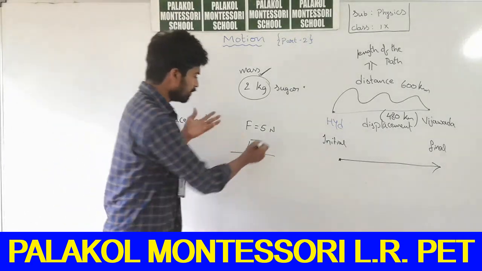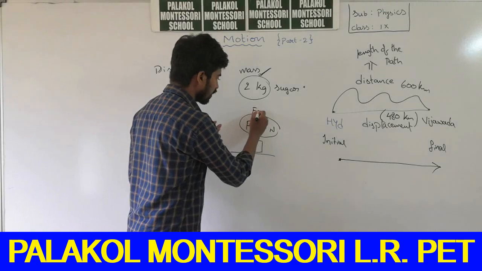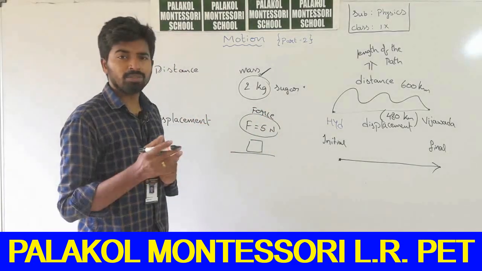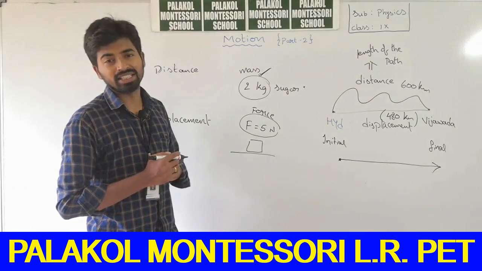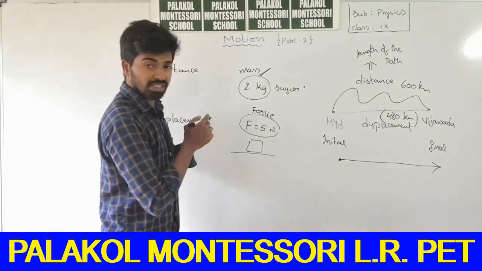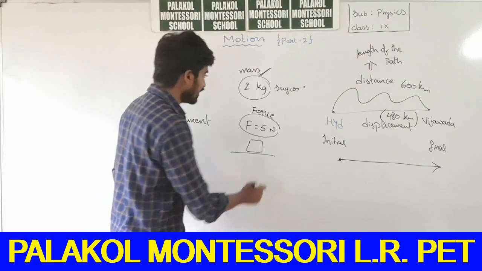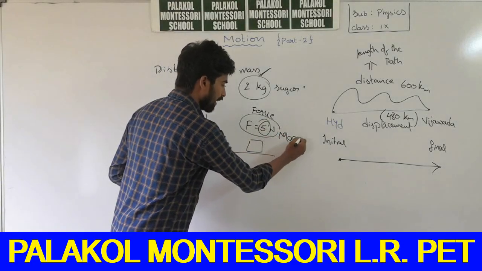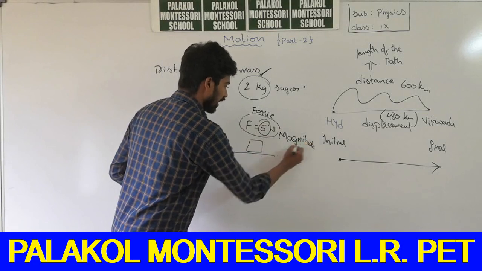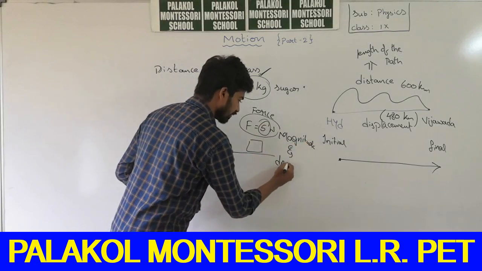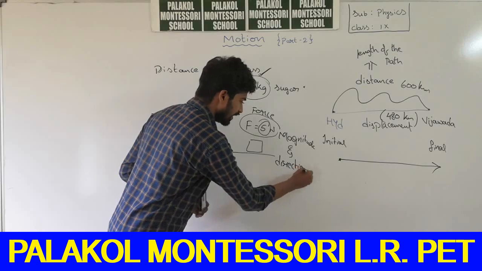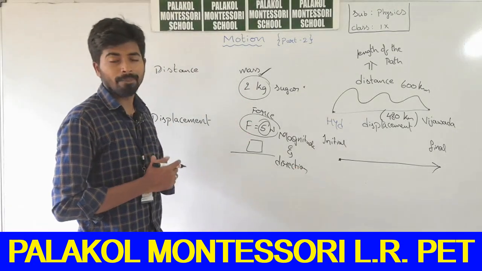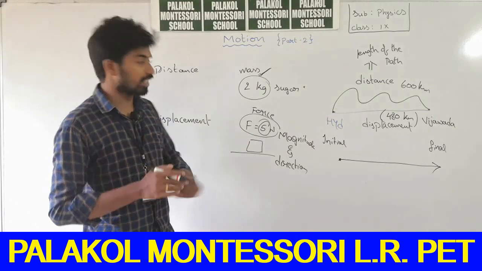For some physical quantities, like force, if direction is also included, more information is given, and hence some physical quantities are specified with both magnitude and direction. If I say the direction of the force also, then you will get clear information about the force.